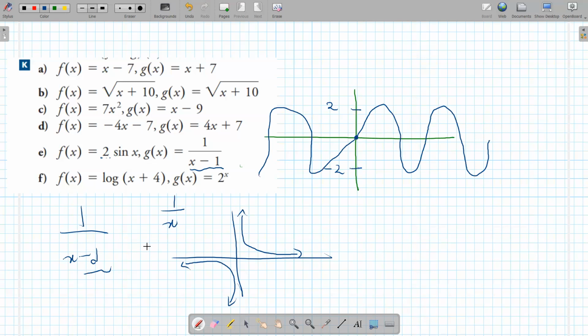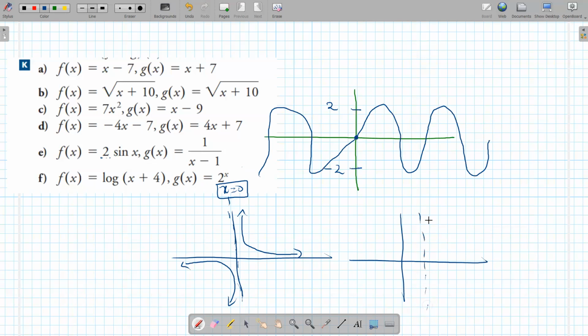It goes to the right, because x minus d is the original. So 1 over x minus 1 looks like this. There is a vertical asymptote at x equals 0 on the y-axis. So this vertical asymptote is simply going to shift 1 unit to the right. So the graph would look something like this. At 1, there's a vertical asymptote.